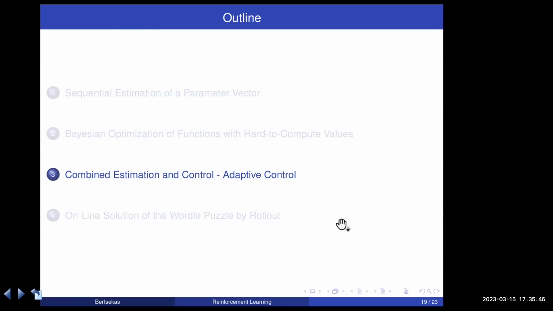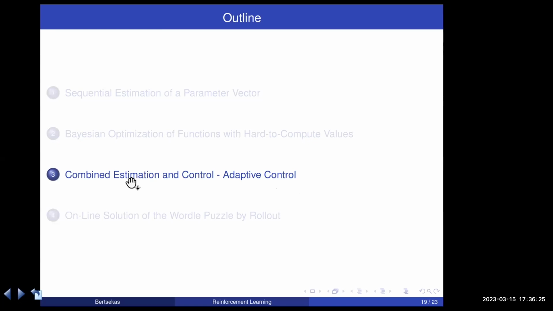Okay, so we have looked so far at estimation problems, sequential estimation problems in the special case of surrogate optimization, Bayesian optimization. Now we're going to look at a more difficult class of problems, which also involves estimation, but also control, like adaptive control. We have already discussed adaptive control, whereby we estimate unknown parameters of a system, and then based on the estimates, we apply control as if the estimates were true.